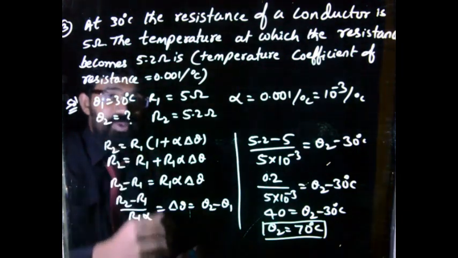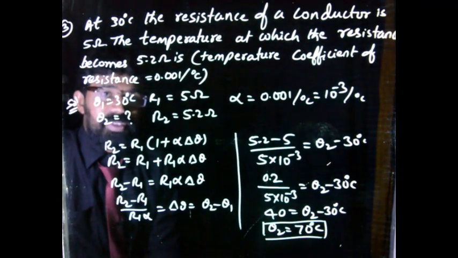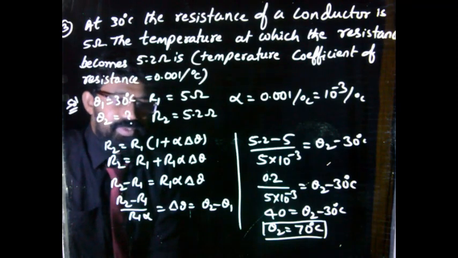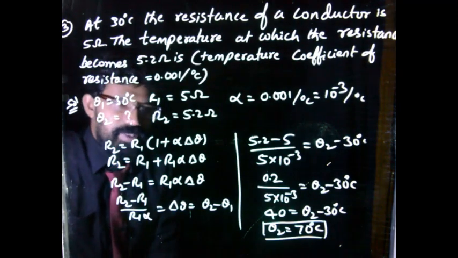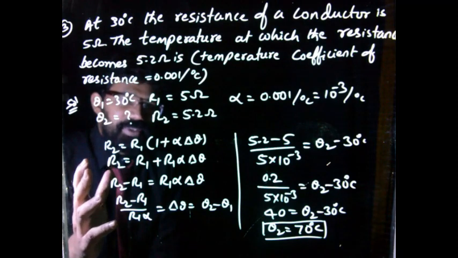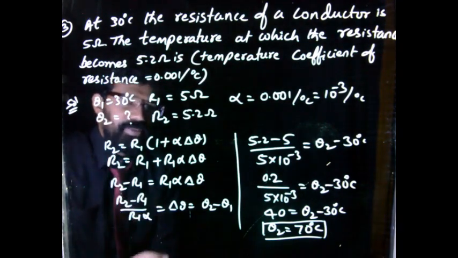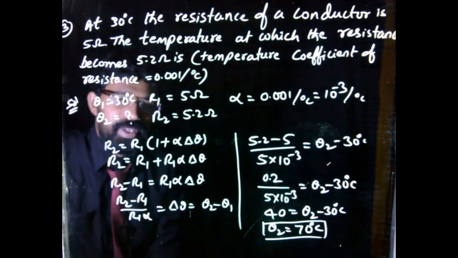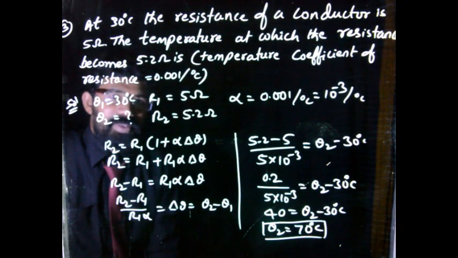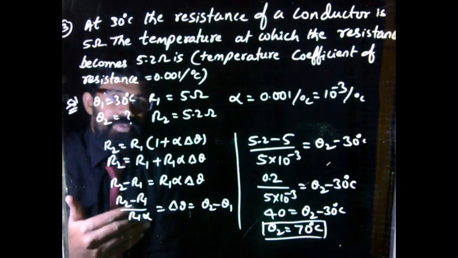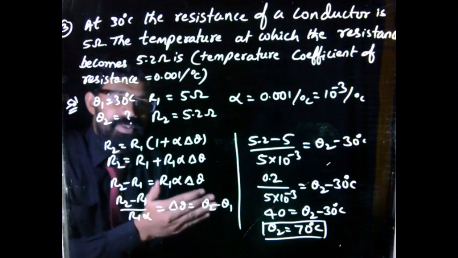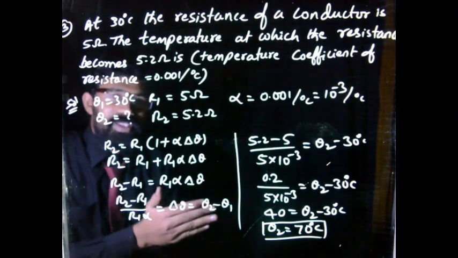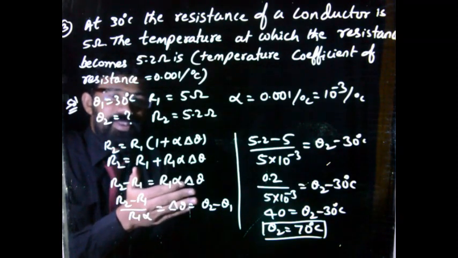So how much will be the rise in resistance? 0.2. Final resistance will be 5.2 ohms. Okay, and try to understand this picture. Initially, it was maintained at a temperature of 30 degrees Celsius. This problem gives us an idea about at what rate this increase in resistance may occur. Some of you might be thinking that if it was taken from 30 to at least 35 or 40, then there will be a significant rise in resistance.